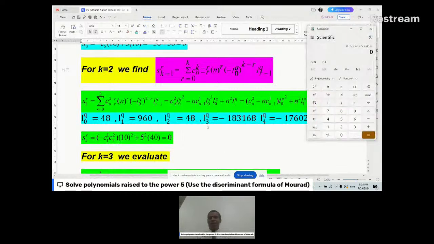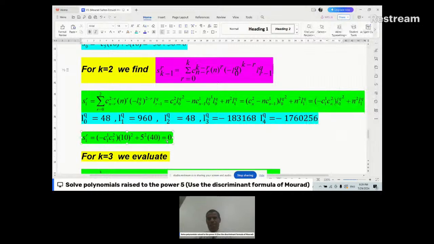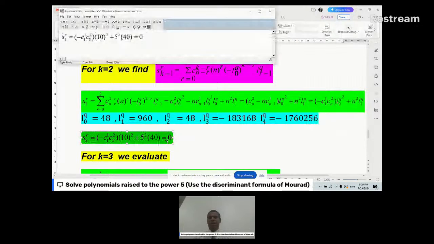So it will be negative 10 times 48 squared, plus 5 squared, which means 25, times 960.